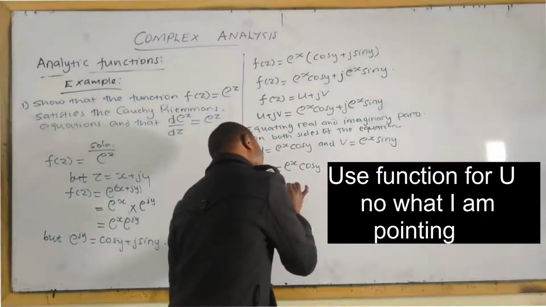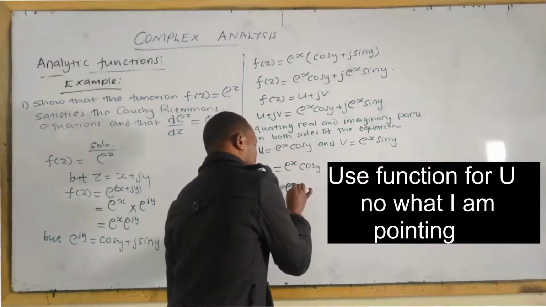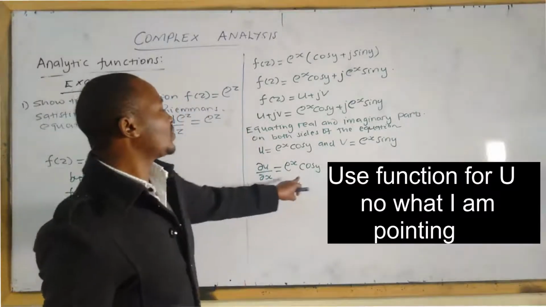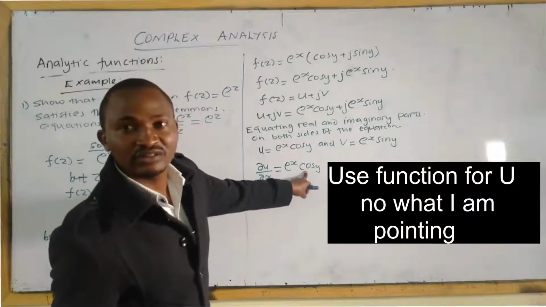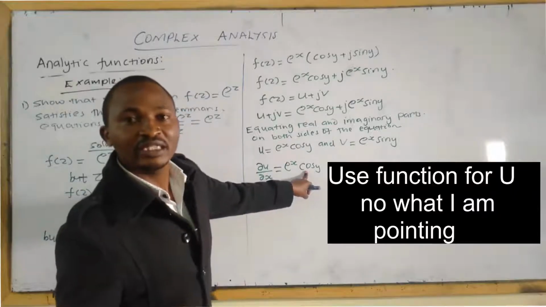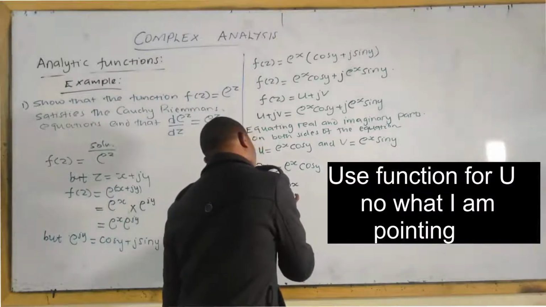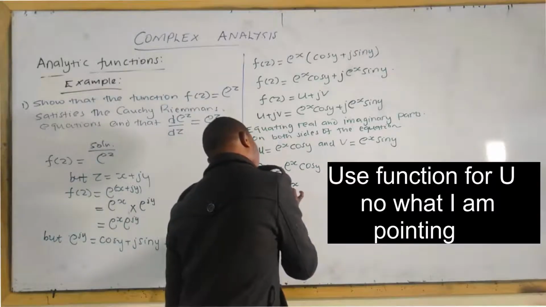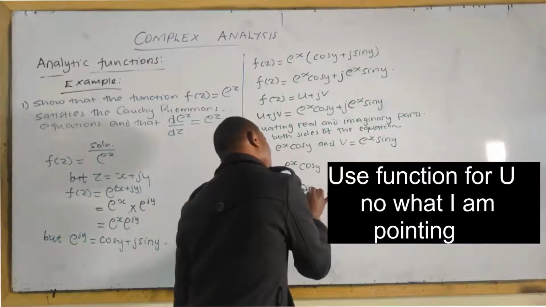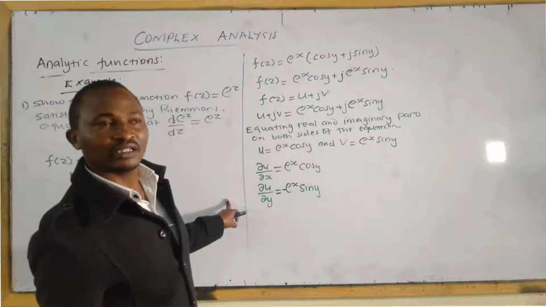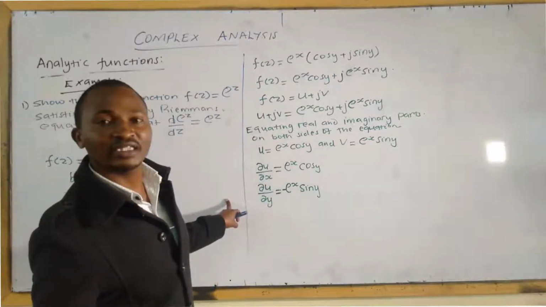Exponential x will just mean exponential x. Nothing to worry about that one. But when you differentiate the cosine function, you get a negative sign. So here you have negative sine y. Differentiating the cosine function will give you a negative sign.